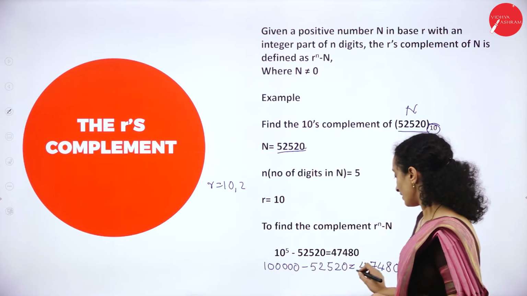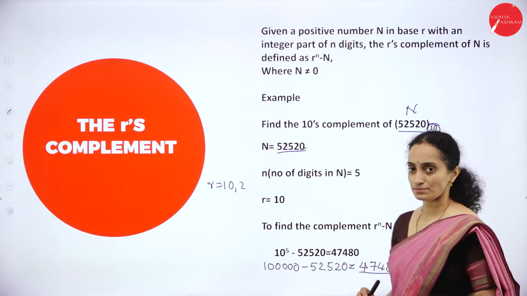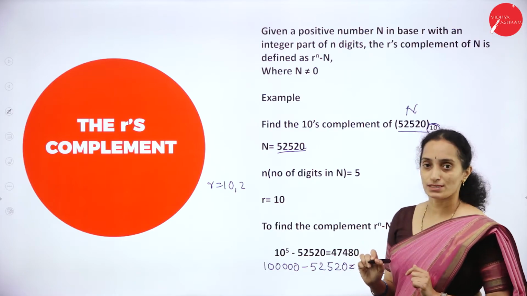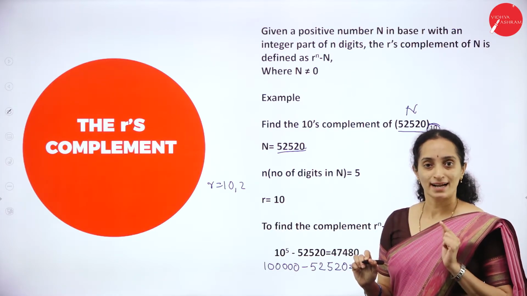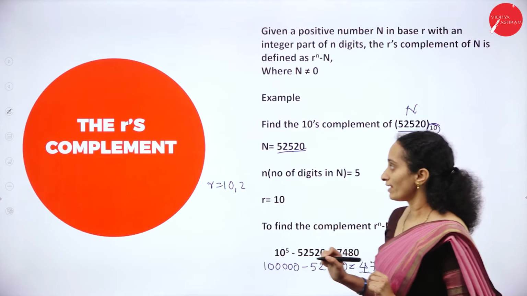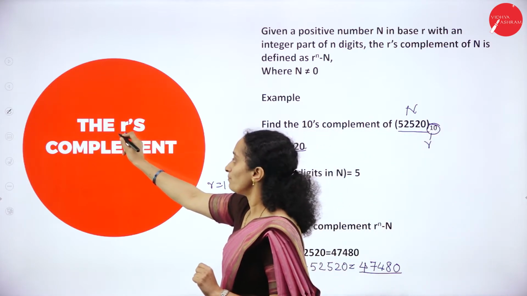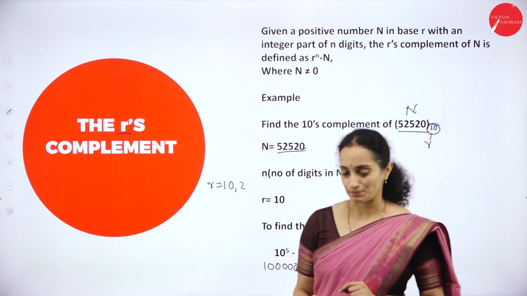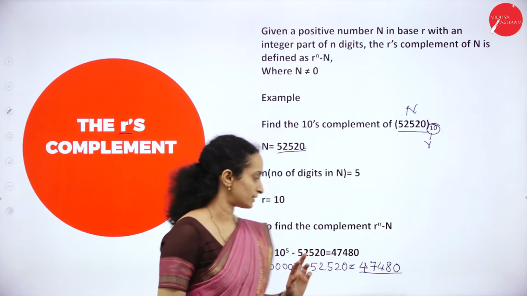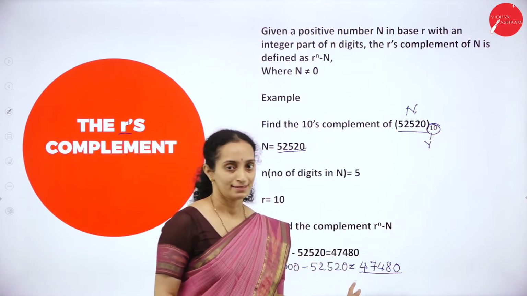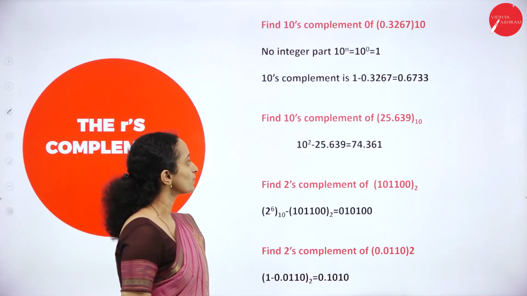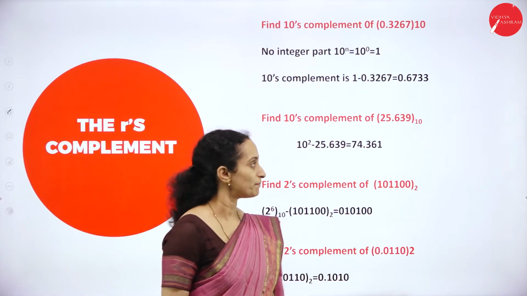This is the complement of 52520 to the base 10. Whenever you have R's complement, the base will be either 10 or 2. This is a representation in the decimal system.